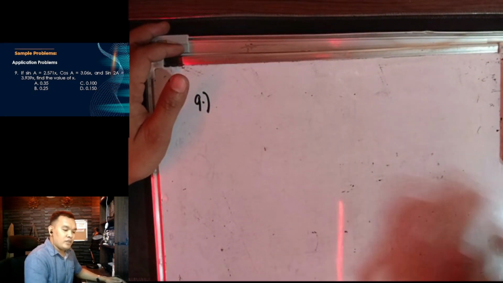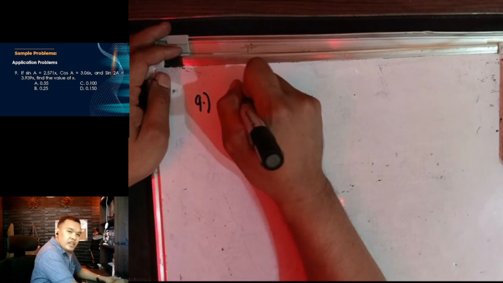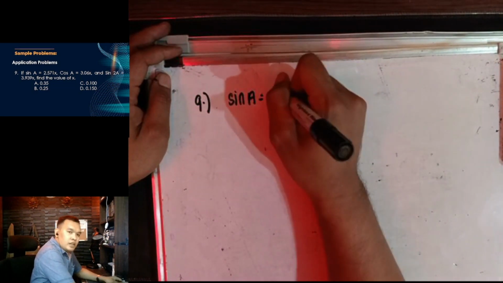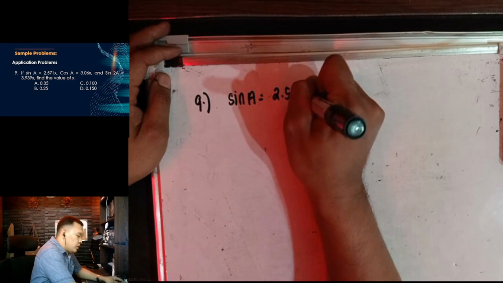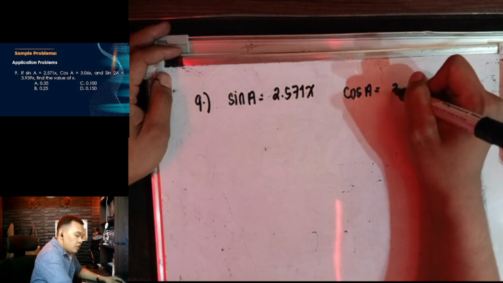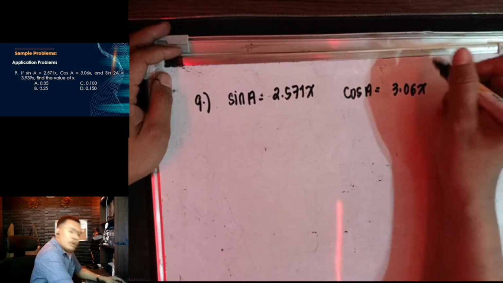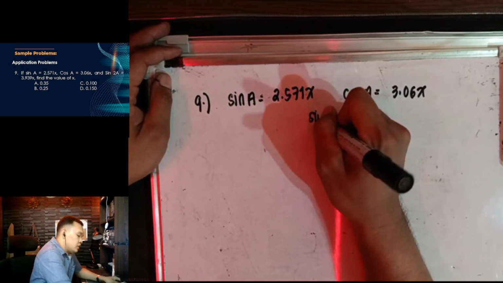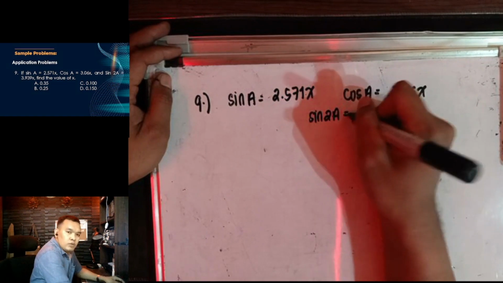Okay, so we could say that given is sine A is equivalent to 2.571x, cosine A is equivalent to 3.06x, and sine 2A is equivalent to 3.939x.